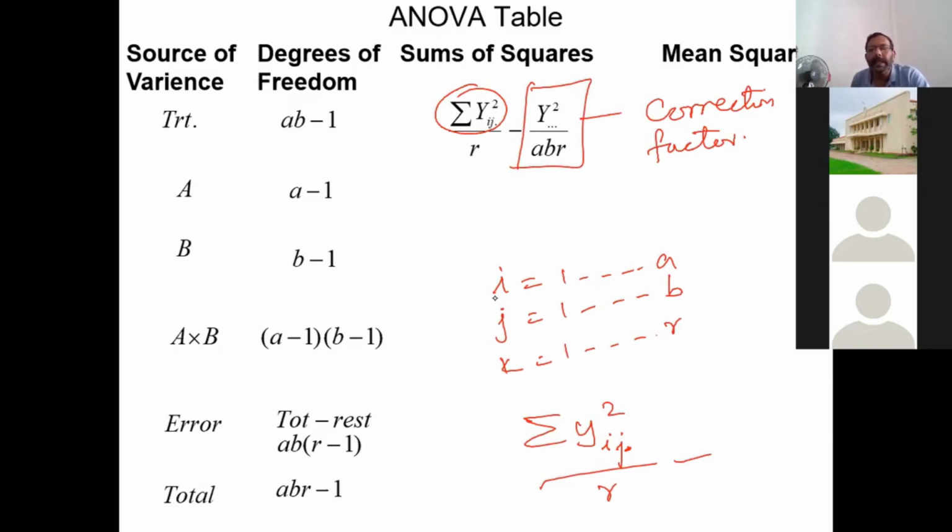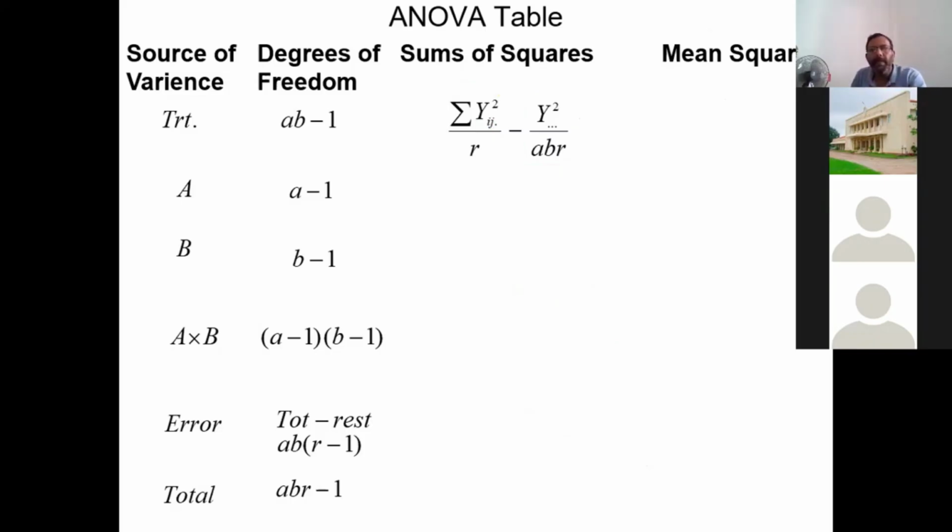Have you seen this kind of correction factor in earlier CRD and RCBD? Yes. So we could have the formula like this. When we do this example, we will see.